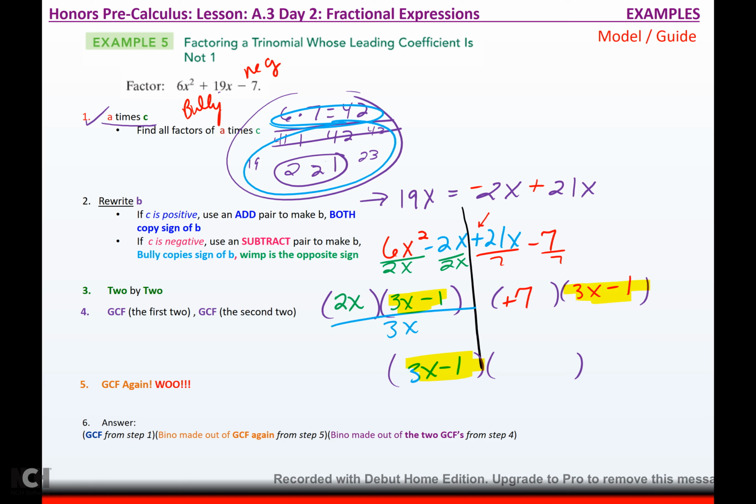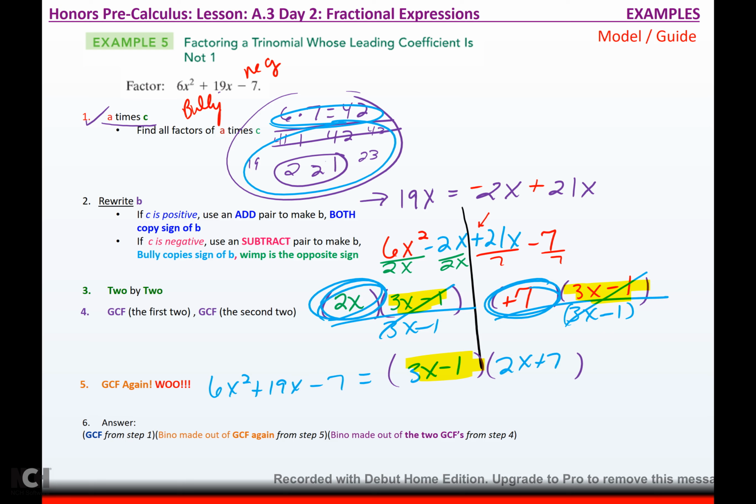And to get what's left, I divide out 3x minus 1, and I'm left with 2x plus 7. 6x squared plus 19x minus 7 equals 3x minus 1 times 2x plus 7. If you multiplied these back together and simplified, you'd get that back.